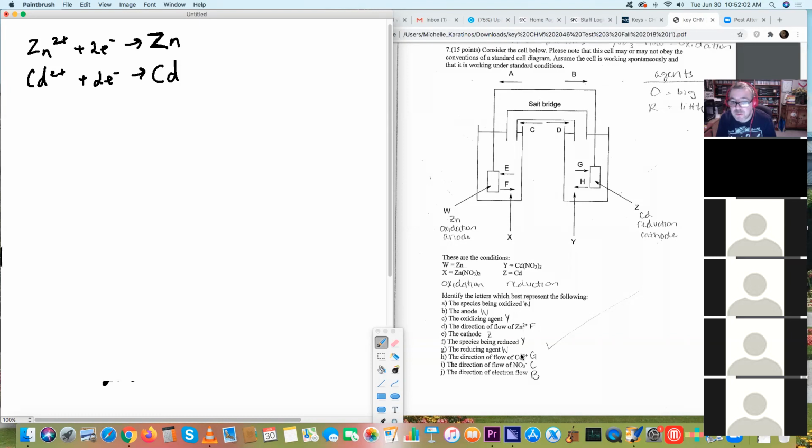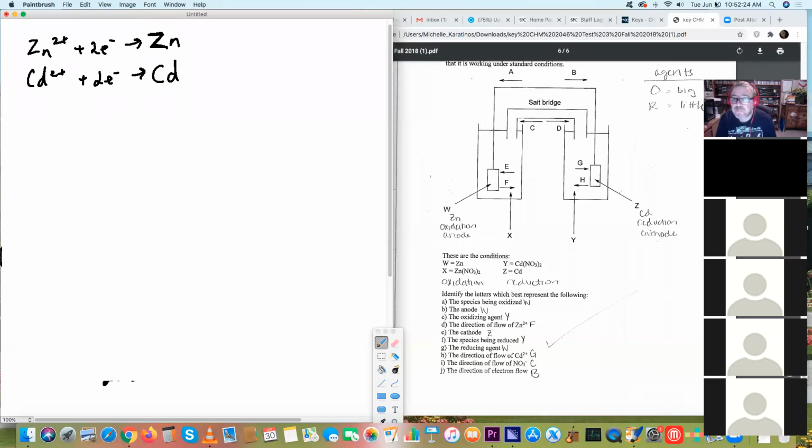Zinc 2+, Cd 2+. Those are going to be the solutions. These things are always in solutions of their metal ions every single time. The number of electrons we add is always equal to the charge. So if it's 3+, it'd be 3. If it was 4+, it'd be 4, etc. Okay, thank you.